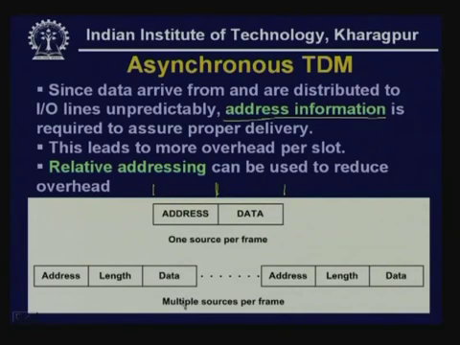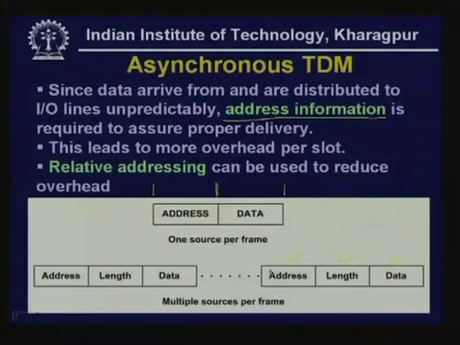Whenever we are sending multiple sources in a frame, we shall also require address information and length of data if we use variable length data coming from different sources. So, for each of the sources we require address, length and data.